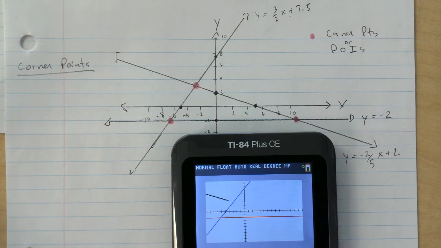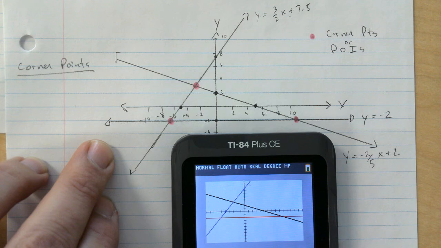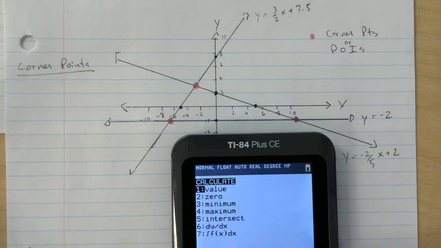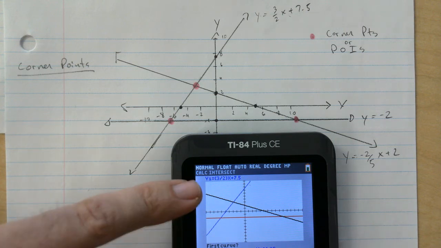All right. Let's find the top one here. Be careful, this one is a little trickier. You've got to follow along. We're going to go second, trace, 5. It tells you at the top here which one you're on. You're on the blue line.